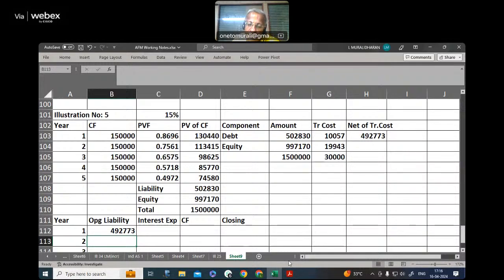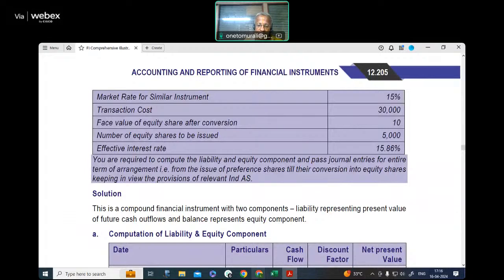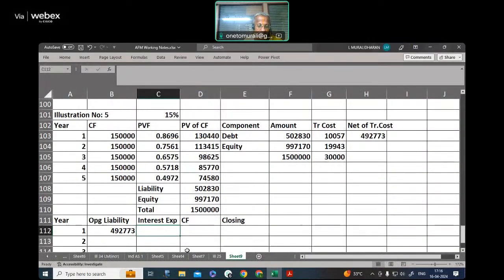If it is not given, what will we do? We will do it through IRR. When time is permitting, I will enter into that. Right now, I just want to borrow the information as given in the problem, 15.86%. Cash flow is this. Closing is opening plus interest expense minus this.